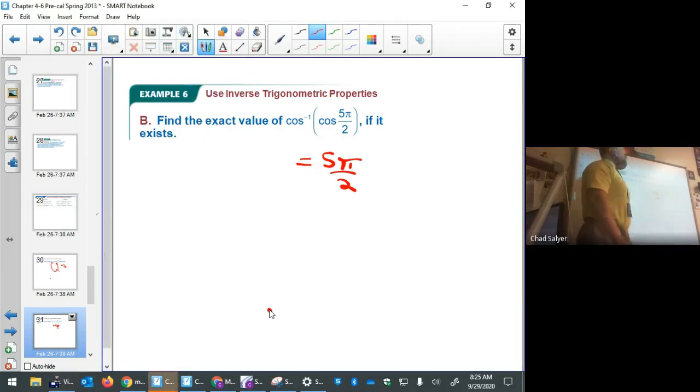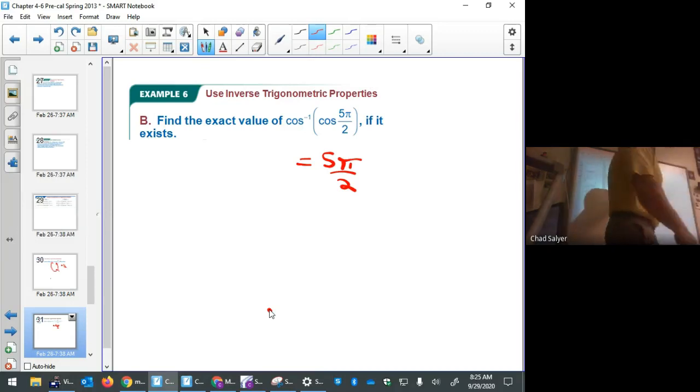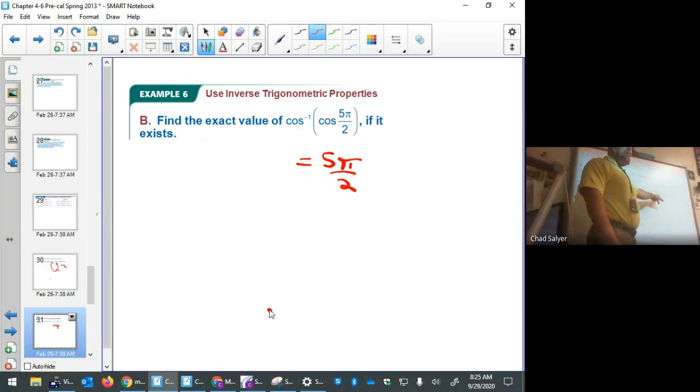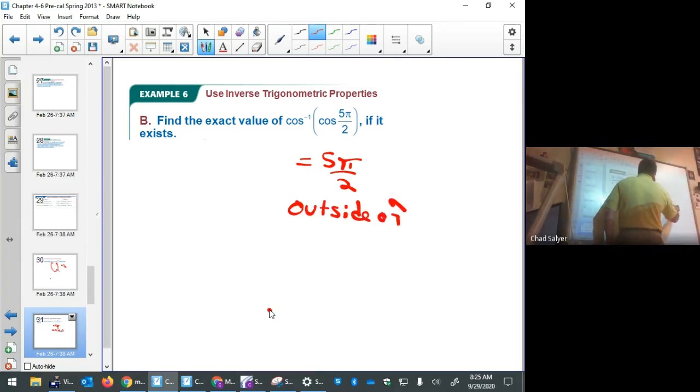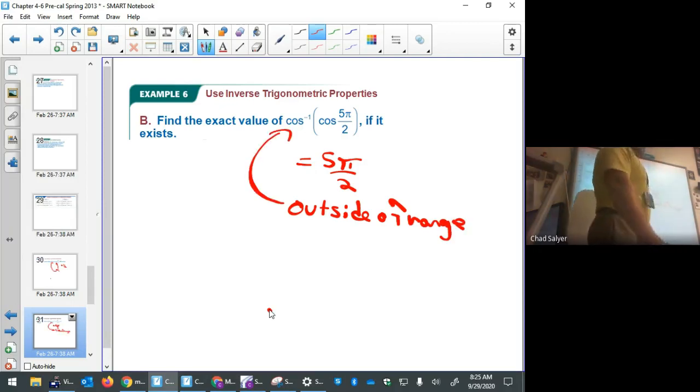Okay, so here's what happened here. You know the cosine inverse is only defined between 0 and pi. So it gave us the corresponding angle for this between 0 and pi. So technically this is true, but it's outside of the range of this bad boy.